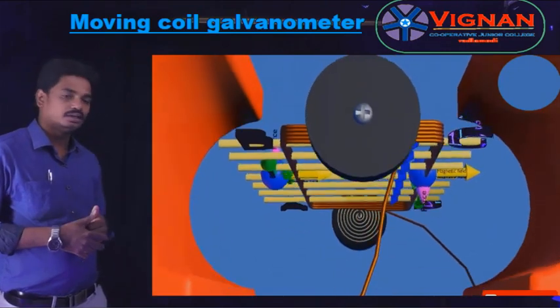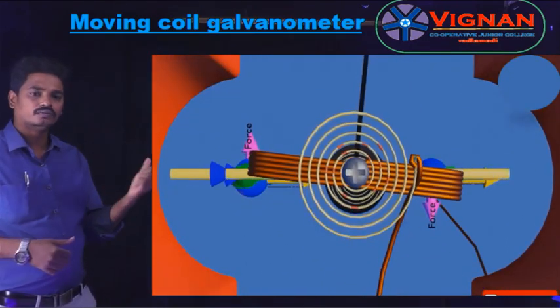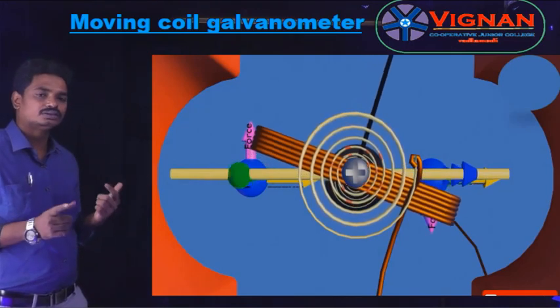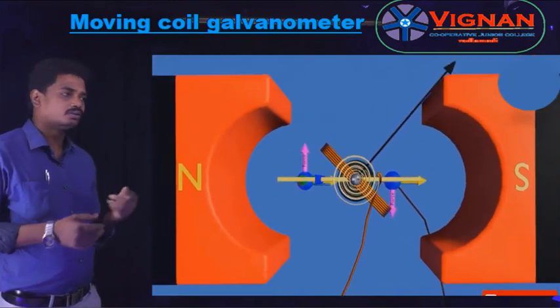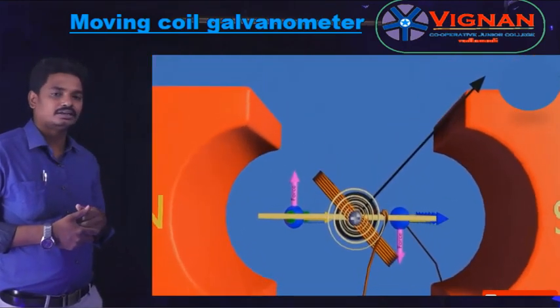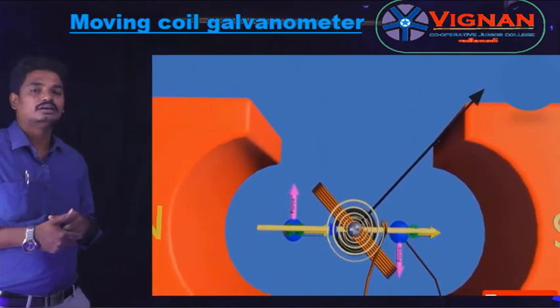One force is inward and another is outward. Due to these forces, a torque is generated and the coil rotates through some angle, for which a pointer is connected, which gives the reading.